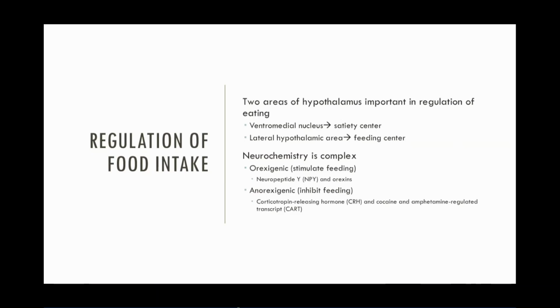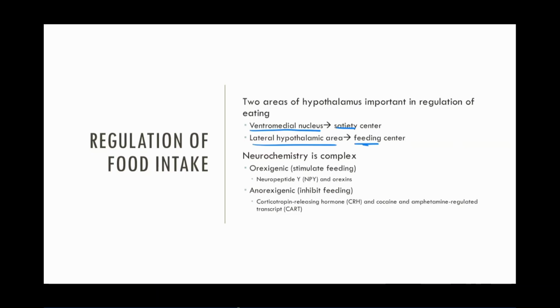We have the ventromedial nucleus, our satiety center. What is satiety? Feeling full. Okay? Our feeling of fullness is in the ventromedial nucleus. Our feeling of hunger, feeding center, is the lateral hypothalamic area. So these two areas sense when we're hungry and when we're full.